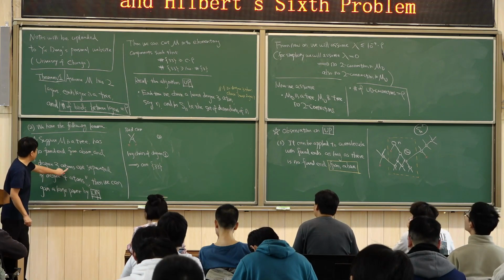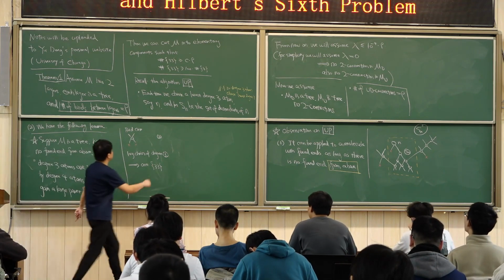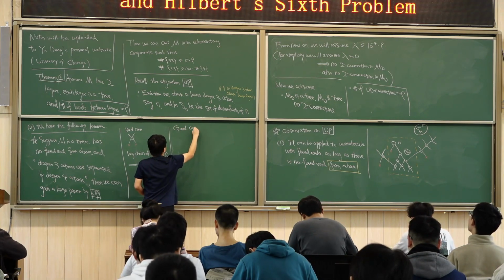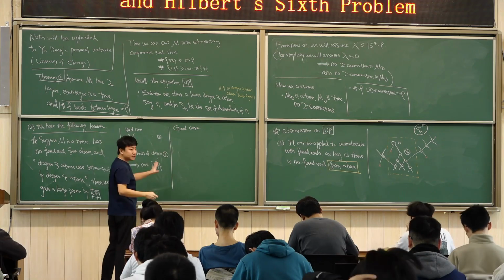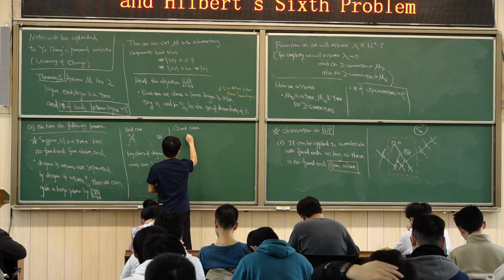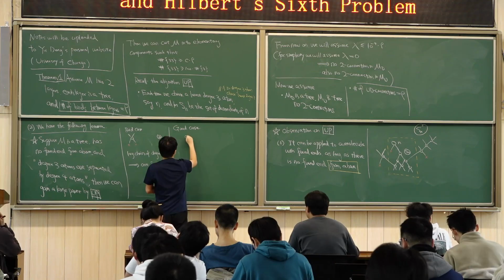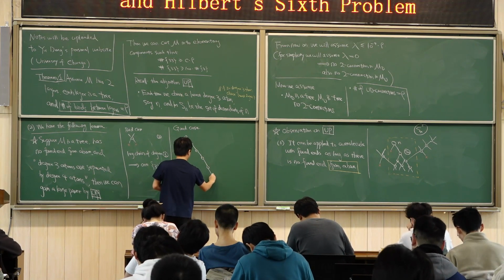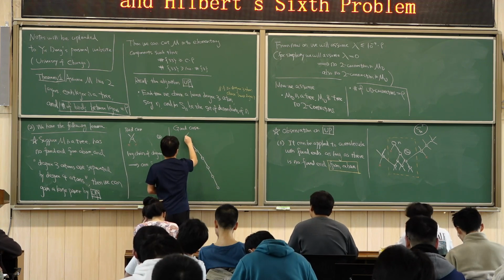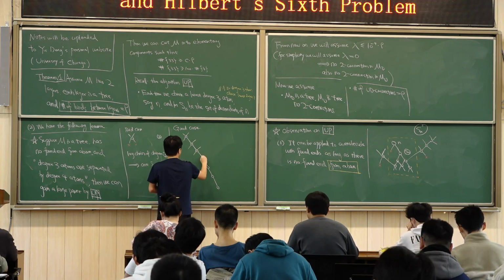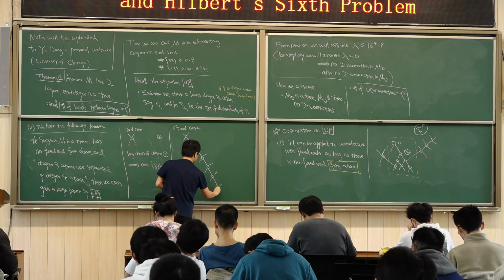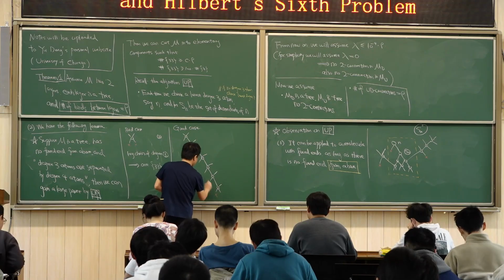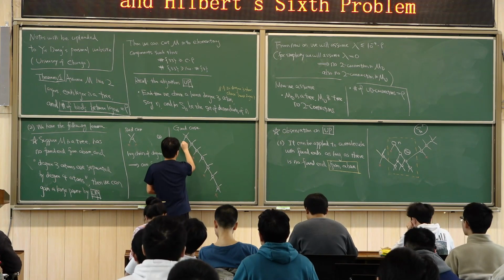Now, this is when degree 3s stick together. Now, what is a good case? The good case is when you have again a long chain. Draw it here. Okay, so let's say you have this fixed end, this fixed end, this fixed end, this fixed end.